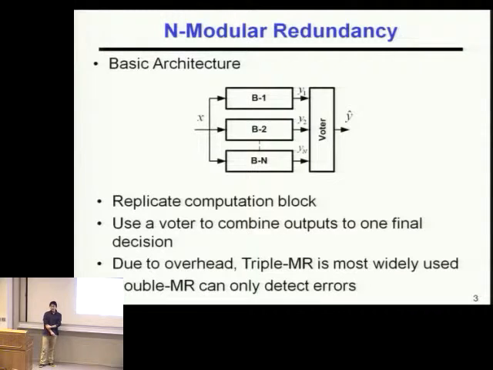This can be viewed similar to repetition coding in communication. Due to the replication, the complexity is very high, so in practical scenarios, mostly triple NMR or TMR is used. The reason is that DMR can only detect errors when the outputs are different, but there's no way to correct them.